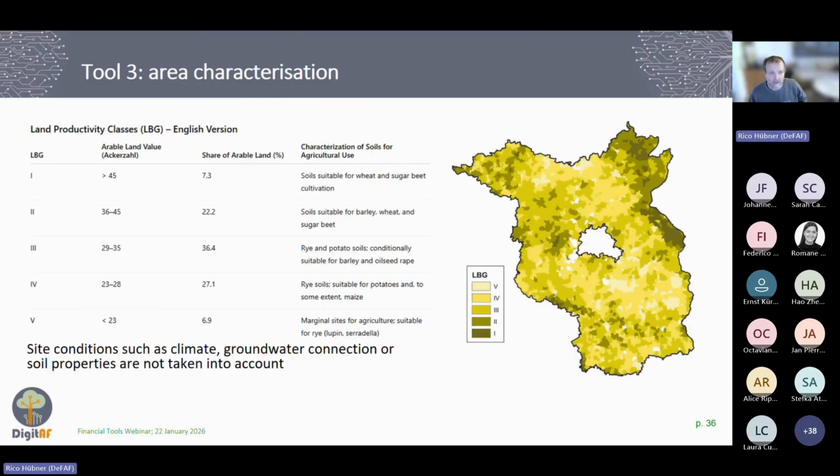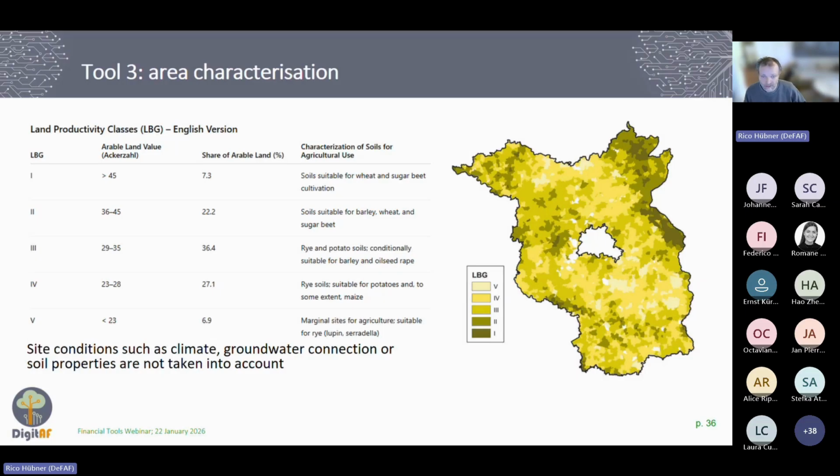Another important input is, of course, the level of productivity. This is not only for the trees that grow, but also for the arable crops. So the tool models the revenues for the arable crops in parallel to the revenues from the growing trees. One of the core inputs here is the land productivity that you need to input. So, for example, if you have a very high land productivity above 45 out of 100, that means you can grow pretty much any crop like wheat and also sugar beet and so on.